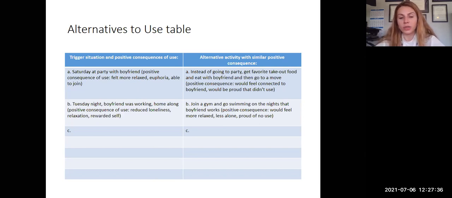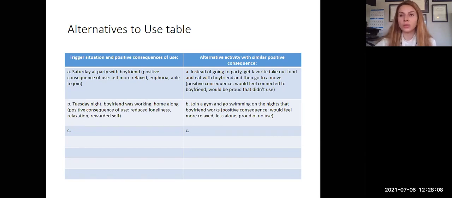One technique that we use in CBT to help build some of that internal motivation is to boost the number of reinforcers to no use, using something like an alternatives to use table. So you'd spend a whole session going over, okay, what is the triggering situation and the positive consequences of using? What are you actually getting reinforced by that use in that setting? And then what would be an alternative that would be a similar or equal reinforcer that you could plan ahead?